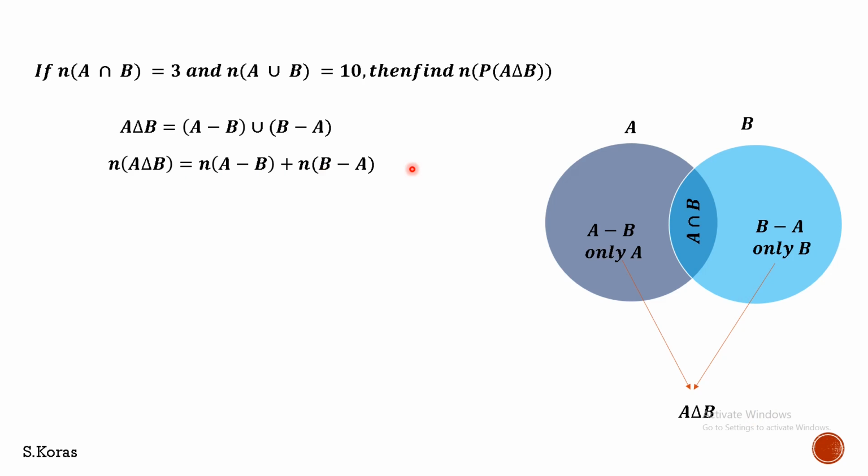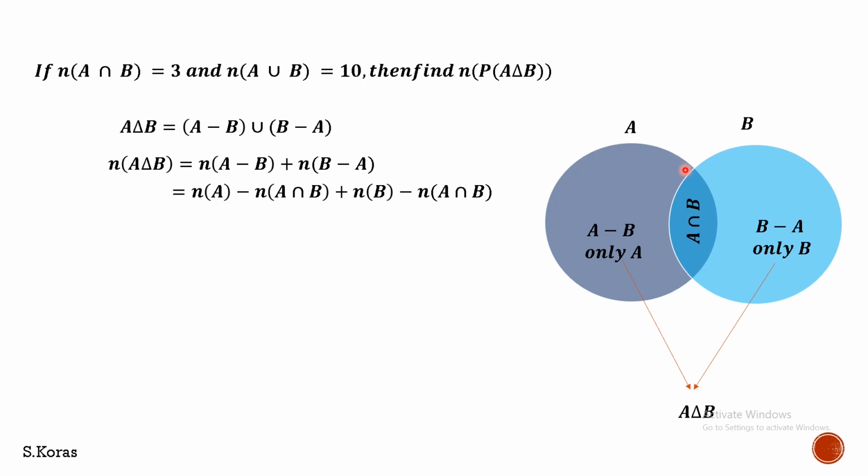Now we know the formula for n of A difference B. n of A difference B is nothing but n of A minus n of A intersection B. If you see here, you can understand it. This is the A set.